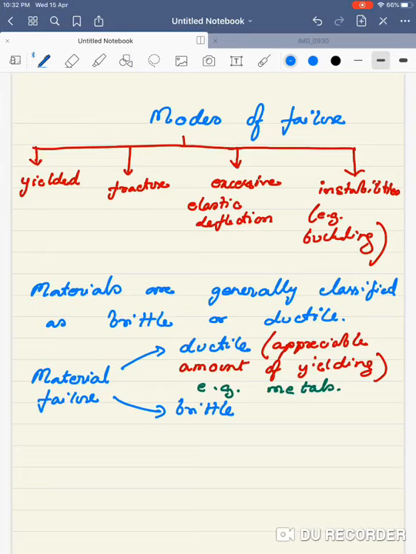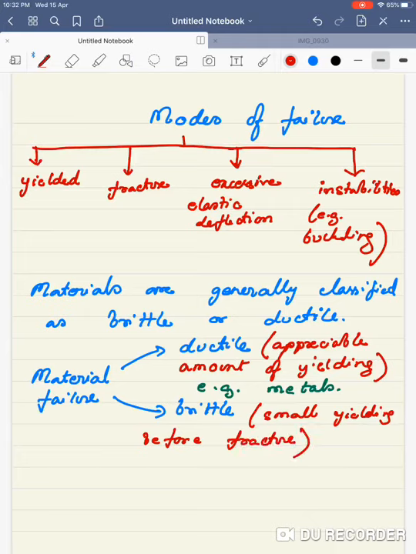Brittle materials are materials where small yielding occurs before fracture occurs.